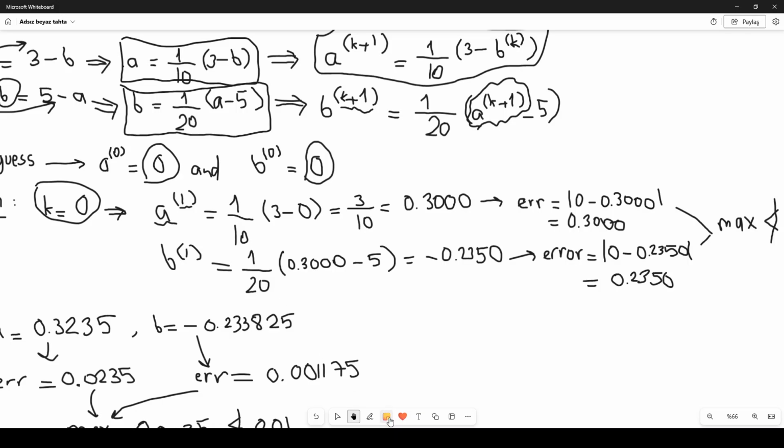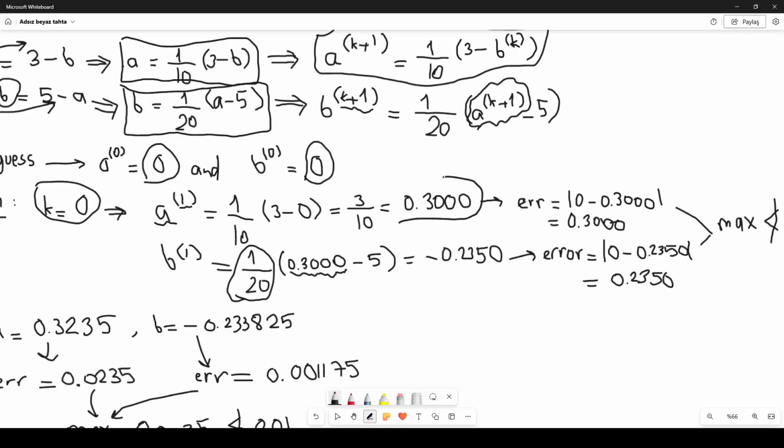But be careful about one thing, which is very important, actually, which is the difference between the Jacobi method and the Gauss-Seidel method. You see, 1 over 20, that's fine. We have nothing to say about that. But here, I want to bring your attention to this point. We use the value 0.3000, which is the value I just found in the same iteration for the unknown variable a, right?